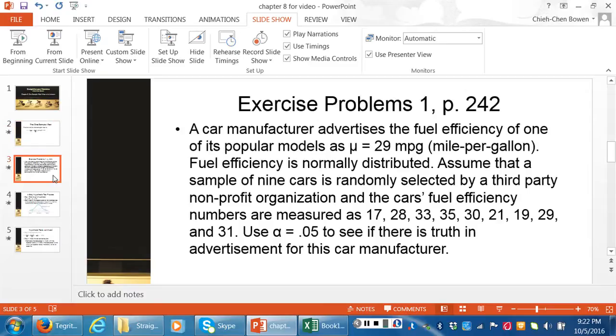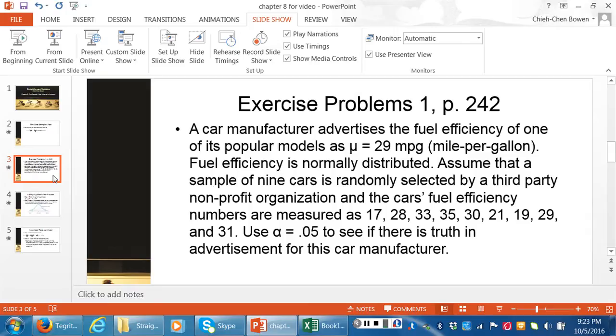Okay, let's use an example. This example can be found on page 242, exercise problem number 1. A car manufacturer advertised the fuel efficiency of one of its most popular models as mu equals 29 mpg. Fuel efficiency is normally distributed.